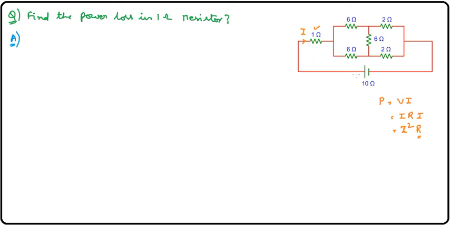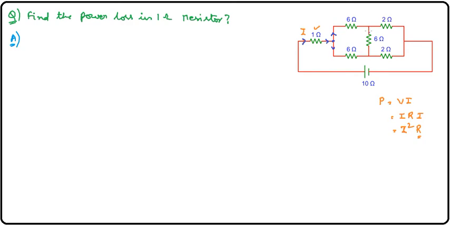It's very simple, so let's move forward. The current flows through this 1 ohm resistor and is divided at this point into two parts, this part and this part.